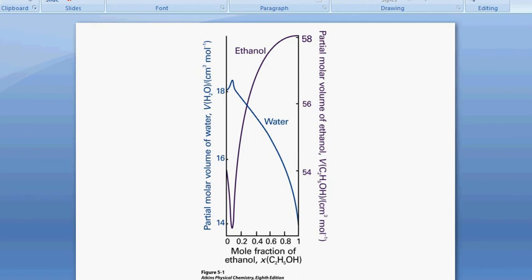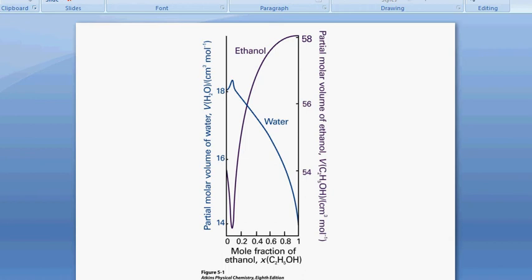So when I have an entire amount of ethanol, a really huge quantity, and I add water to it, what is the change in the volume of this mixture? This is what I am asking, right?